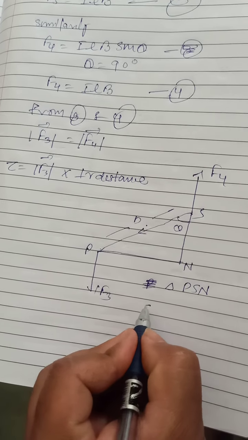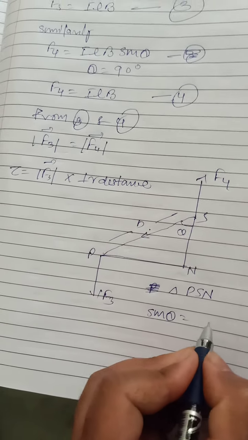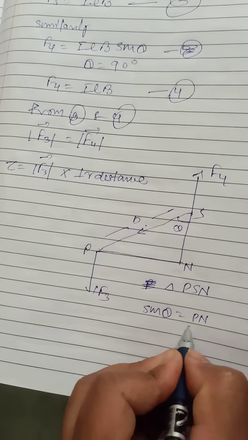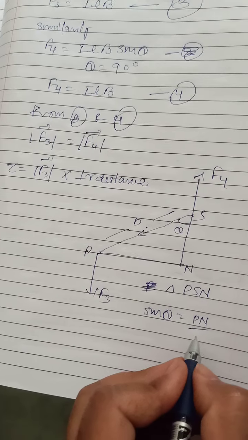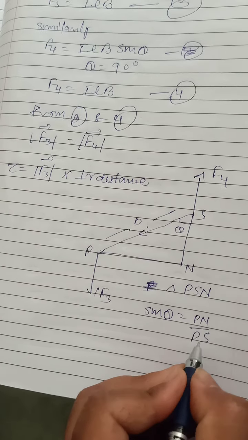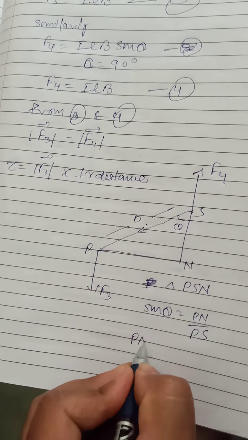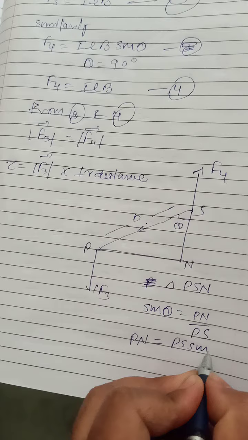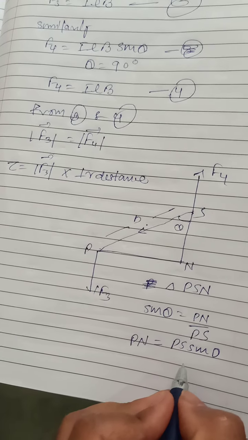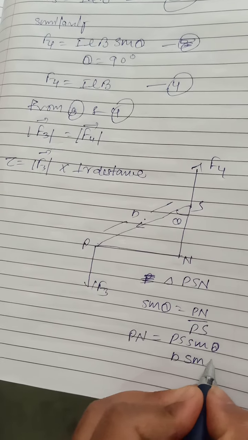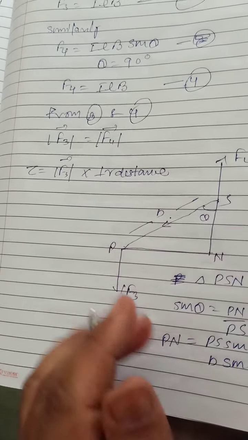What is sine theta? PN, perpendicular, upon hypotenuse, that is PS. So PN is equal to PS sine theta. What is PS? B. So B sine theta.